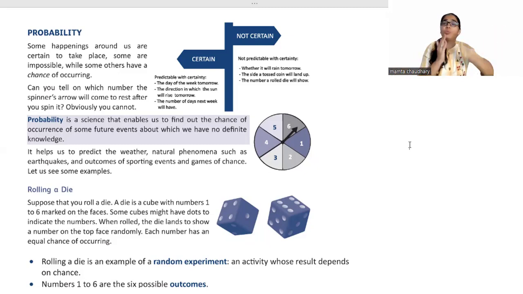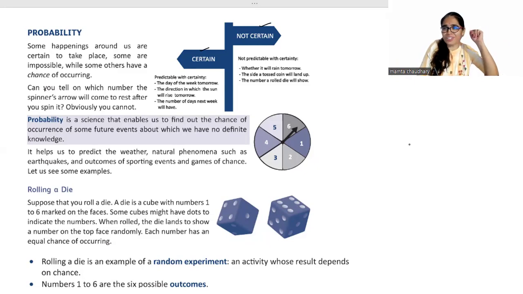So basically we have two types of events, or two types of happening, that is certain and not certain. In certain, you can see a few examples, like the day of the week tomorrow. Suppose I'm saying today is Monday, then tomorrow will be Tuesday, obviously. The direction in which the sun will rise tomorrow.